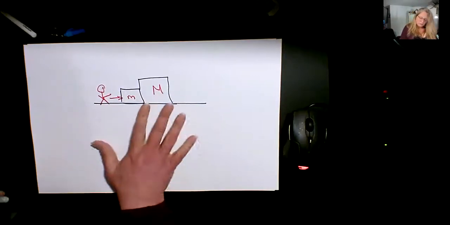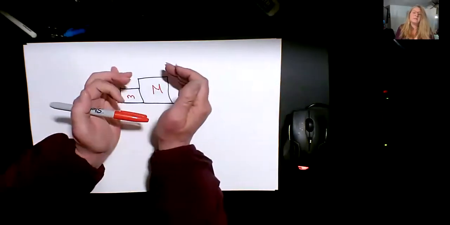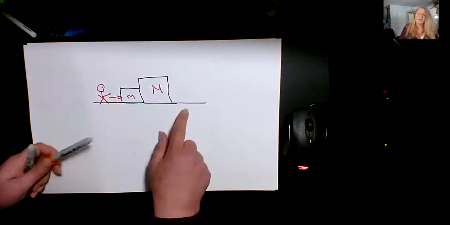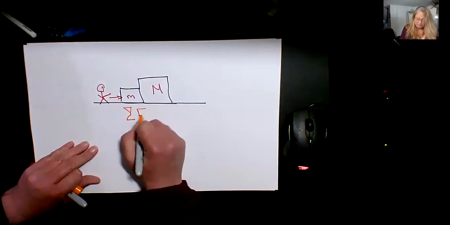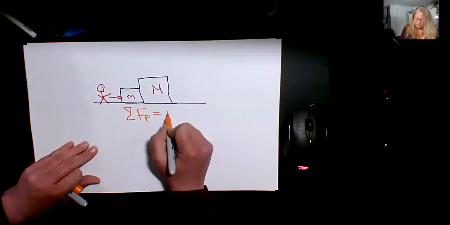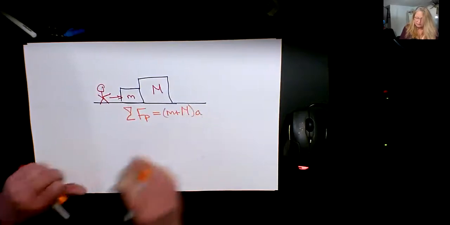If I want to look at this in terms of forces, now remember in the last videos I said we can treat this as a system, well, we certainly can. So I can say if I get this system accelerating, that the sum of my forces must equal mass 1 plus big M times acceleration.